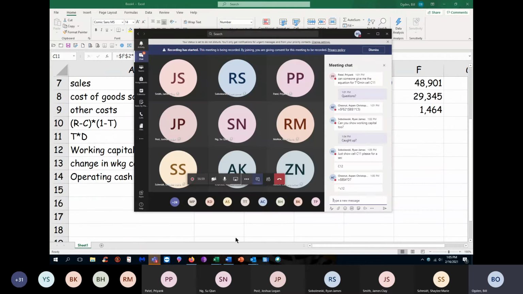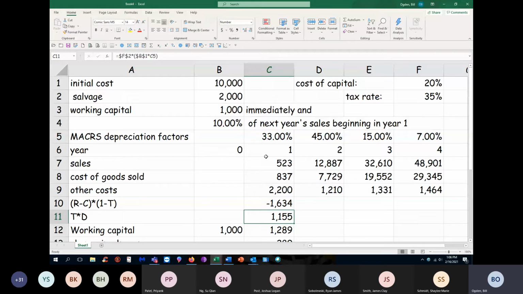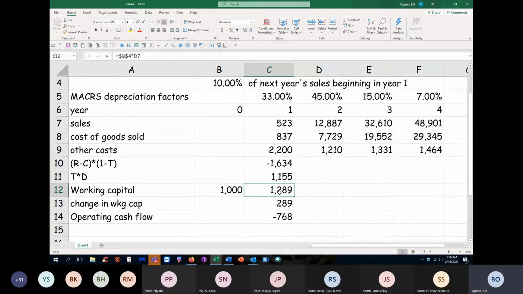How did that go? I'm losing this. Let's see, B4 times D7. B4, 10% times D7. That's the amount of working capital. That's right. That would give me C12. And that's correct.